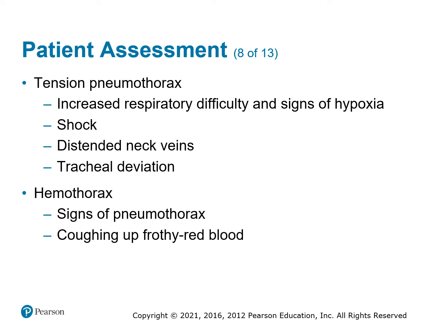Your patient is going to become shocky, so make sure that you're assessing vital signs, skin signs, everything that would indicate shock. You're going to start seeing those neck veins distend out, and then you'll start seeing that tracheal deviation where your trachea is trying to line up with the good lung.